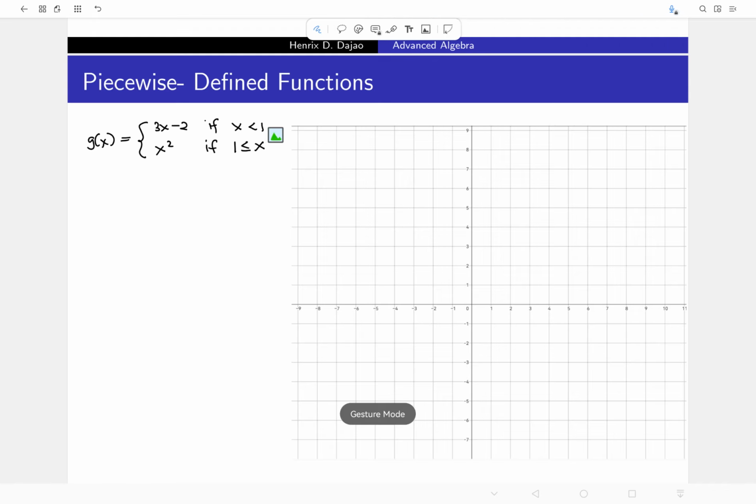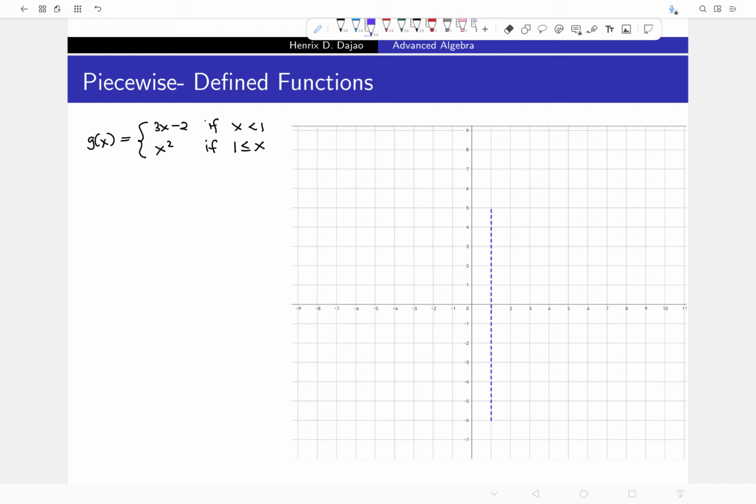So as our guide. And then we're going to first graph this function g defined by g of x equals 3x minus 2. Remember, we're going to consider x which are less than 1, so all of the numbers here except for 1.